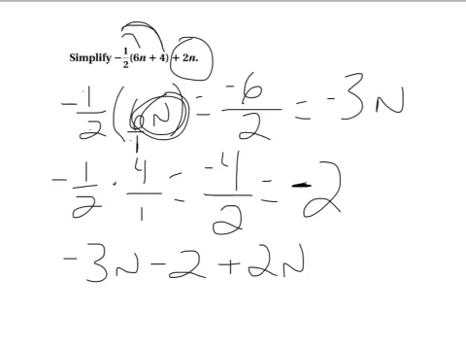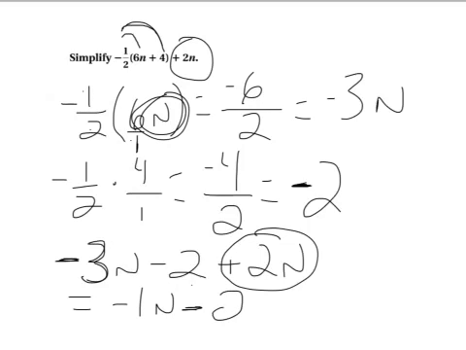Again, I have to simplify, combine my like terms. Negative 3n, I'm going to add 2n now. So I'm at a negative 3, add 2, I'm looking at a negative 1n, and then just bring this down. I have no like term for the minus 2, so it's just minus 2. I can simplify that even more and just call that negative n minus 2. I hope you're following that. That's kind of a lot. We'll keep working on these.